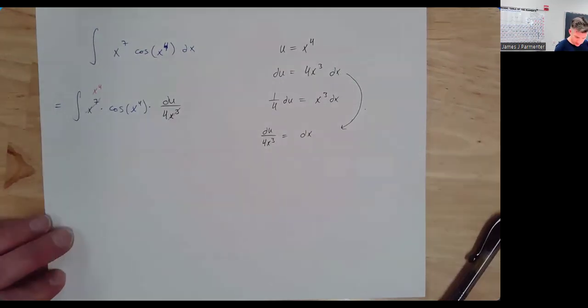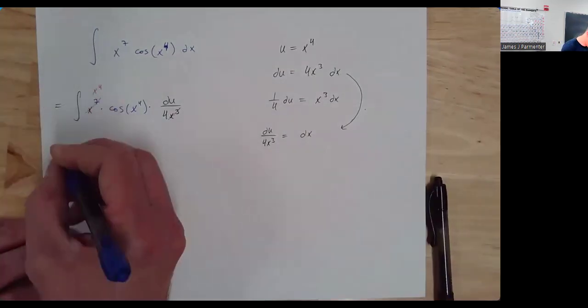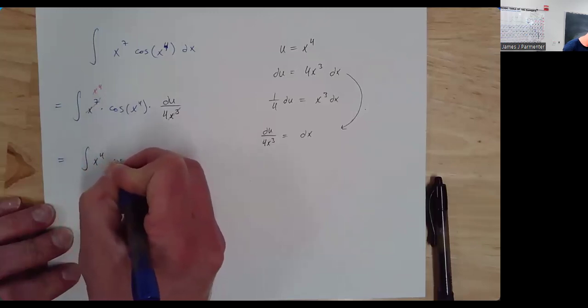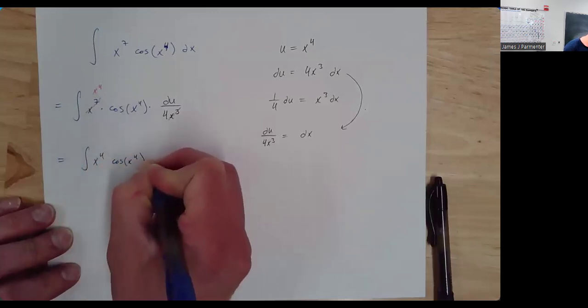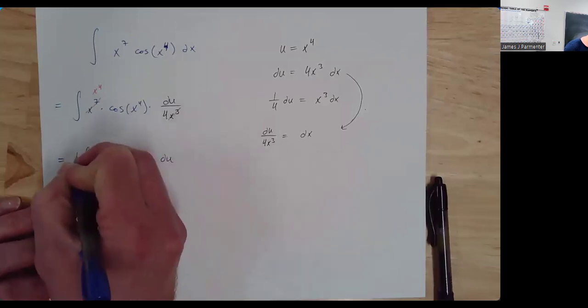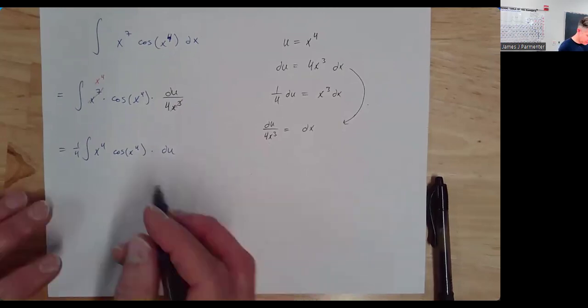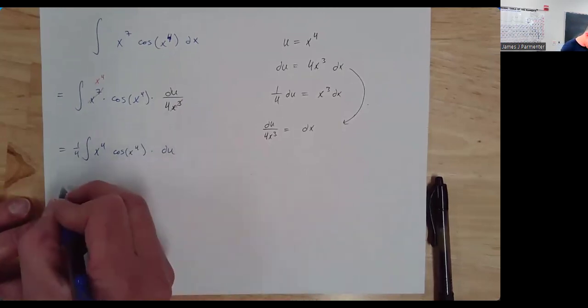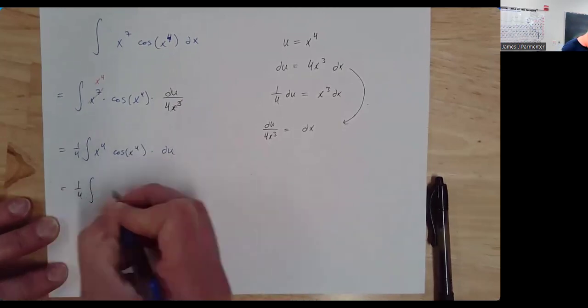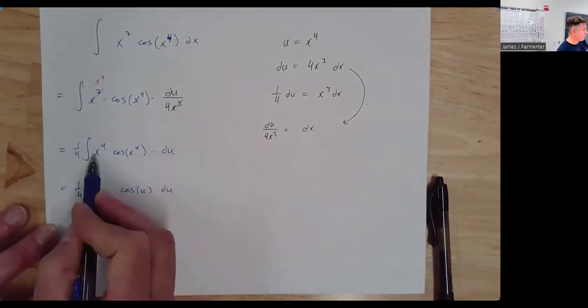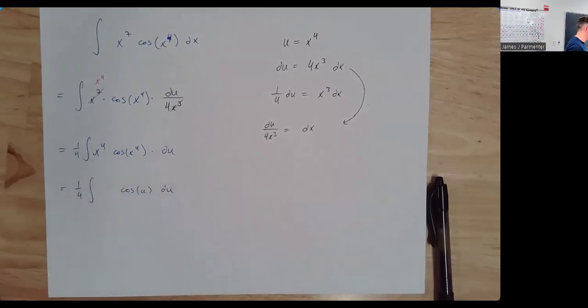So what I have now is the integral of x to the 4th times cosine of x to the 4th times du over 4. And now I can finish off my u sub and replace my x to the 4th with u. So I have a cosine of u du. Oh, look, I have another x to the 4th. Well, that can be u as well.